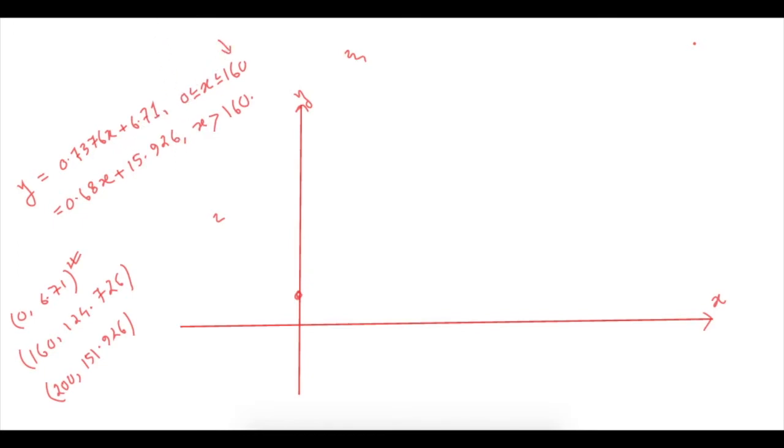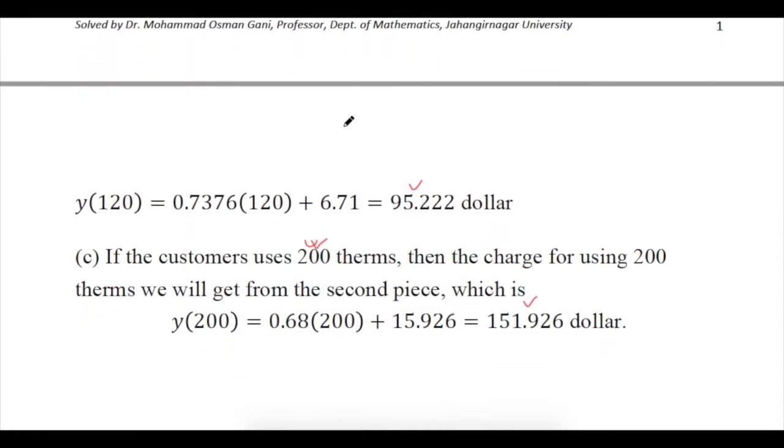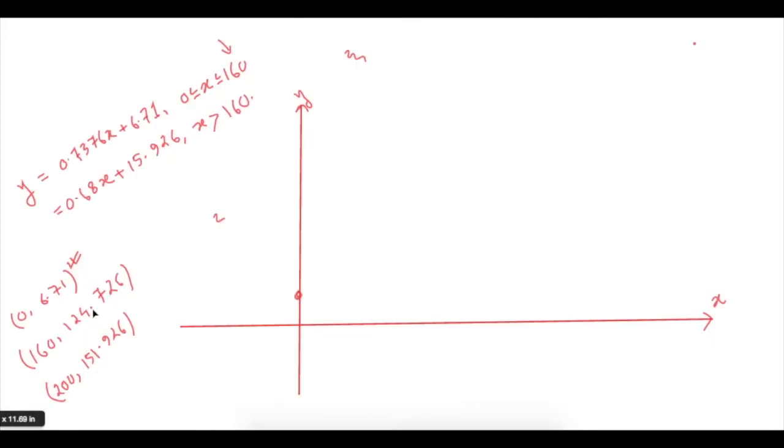And from our previous result in this part, we know when x equal 160, then y equal 124.726, and when x equal 200, then y equal 151.926. So these results we can use here.